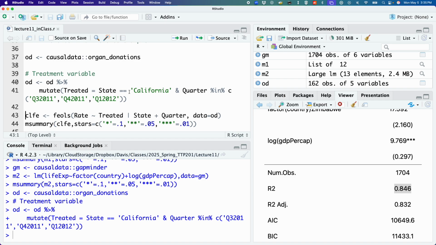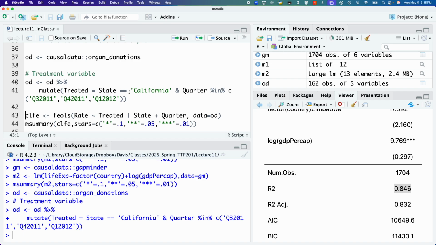And so there's the question of, does using an active choice mechanism cause people to more often become organ donors?